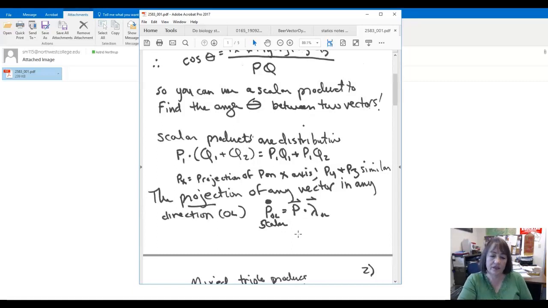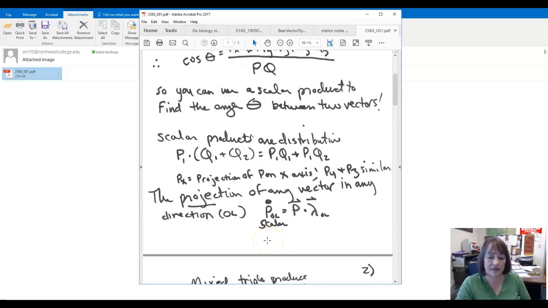If you had a cedar chest or a rectangular trunk of any sort with a hinge, regardless of how you push on that lid, the only piece that's really going to open it up is the component of the moment, or the projection of the moment, that's going to occur on that hinged axis. There are other physical applications, but at this point, that seems to be the most accessible.